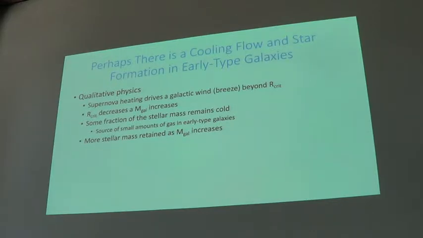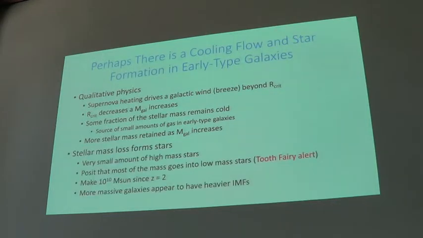Okay. So the stellar mass forms stars. We're going to posit that most of the mass goes into low mass stars. You get a very small amount of high mass star formation.